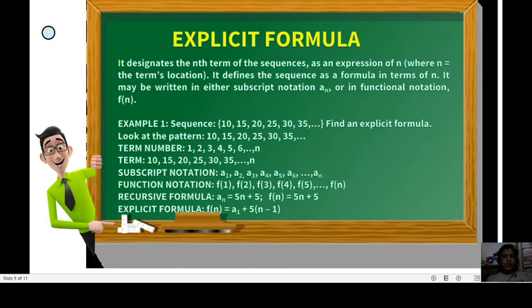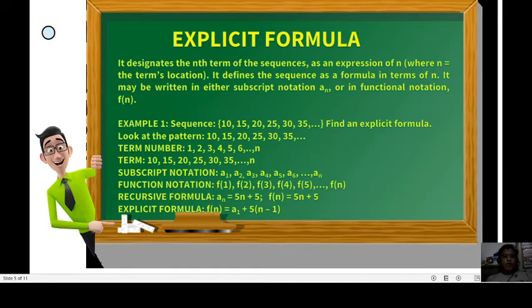A sequence such as 10, 15, 20, 25, 30, and 35, so on and so forth. As you can see, our pattern is adding 5. The first term is 10, second term 15, third term 20, fourth term 25, fifth term 30, and sixth term is 35, so on and so forth.